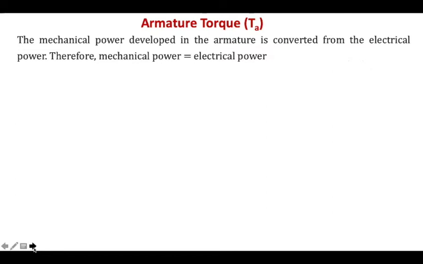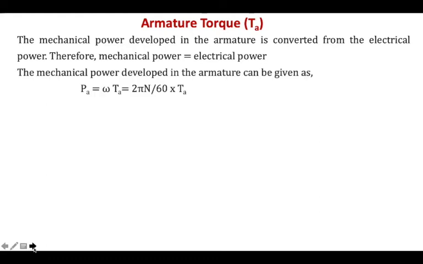Now, what is the armature torque being produced in the armature of the given motor? The electrical power is converted to the mechanical power developed in the armature. Hence, mechanical power will be equal to the electrical power. The mechanical power, as we have seen, is P = ωT.